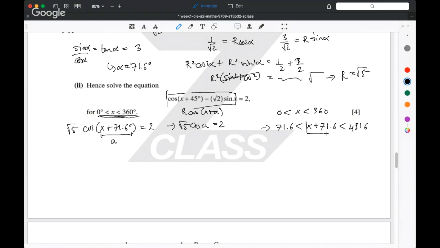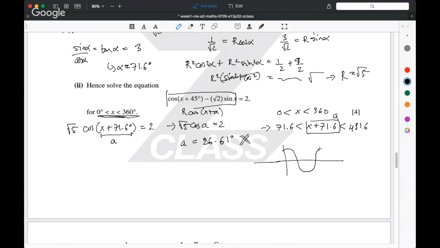So this thing is A, and this is my range for A. And now I can proceed. If I plug this into my calculator, I will get that A is equal to 26.61 degrees. Well, that's not in my range. So what's happened is that the calculator is, so actually I'll draw it this way.